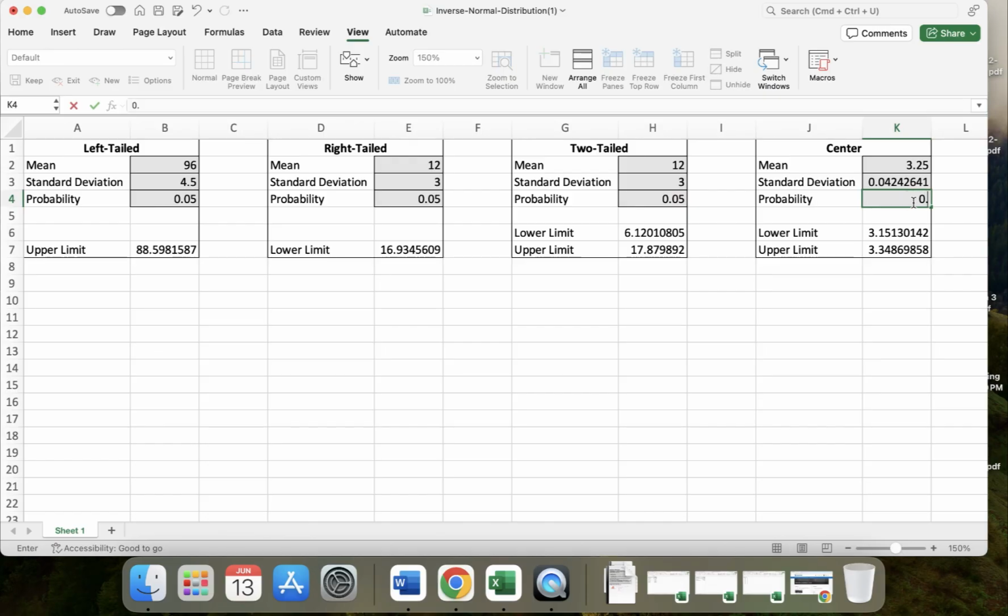And the probability is 0.95. It gives me these two values, 3.16, and a few more decimal places, 668, and then 3.3332.